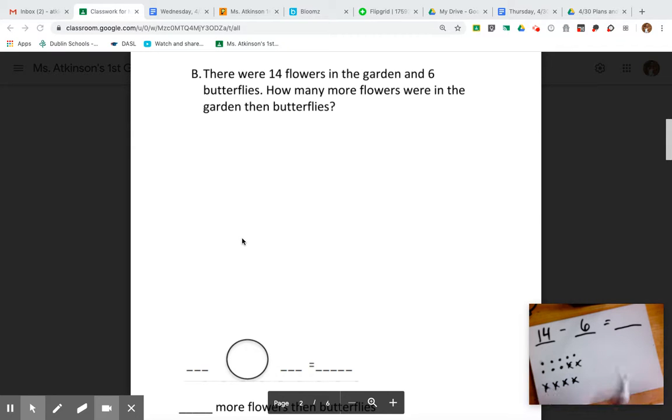Okay, so there are 8 more flowers in the garden than butterflies. And then, of course, we could always check our math problem by doing 6 plus 8 equals 14. Okay, it's always a great way to check yourself.